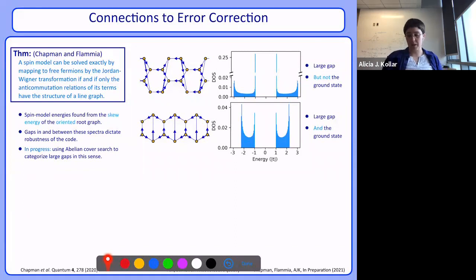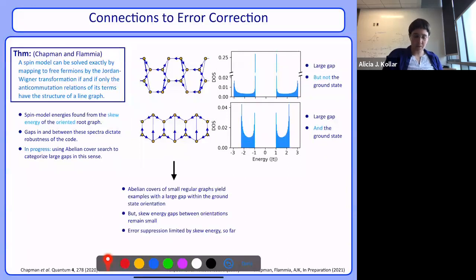We've been using my search codes to try to find examples where both of these gaps are large. We found, for example, this one here, where there's a very large, what we call single particle gap, and that is actually in the orientation that has the lowest skew energy.